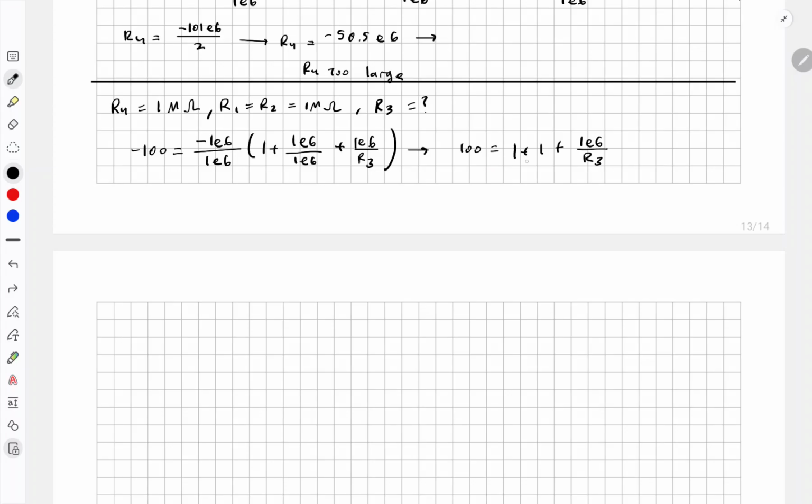So minus 100 minus 1 minus 1 becomes 98. That is equal to 1e6 divided by R3. So then R3 is equal to 1e6 divided by 98. Let's just use the calculator this time.